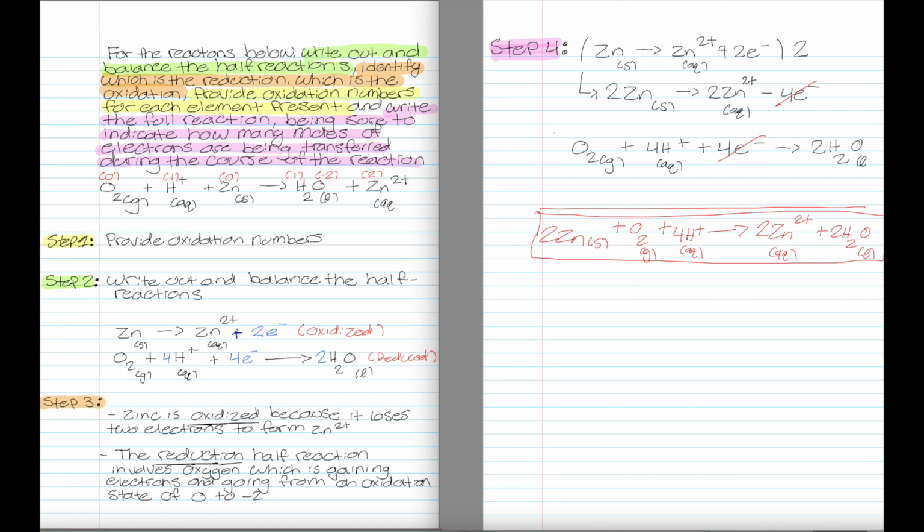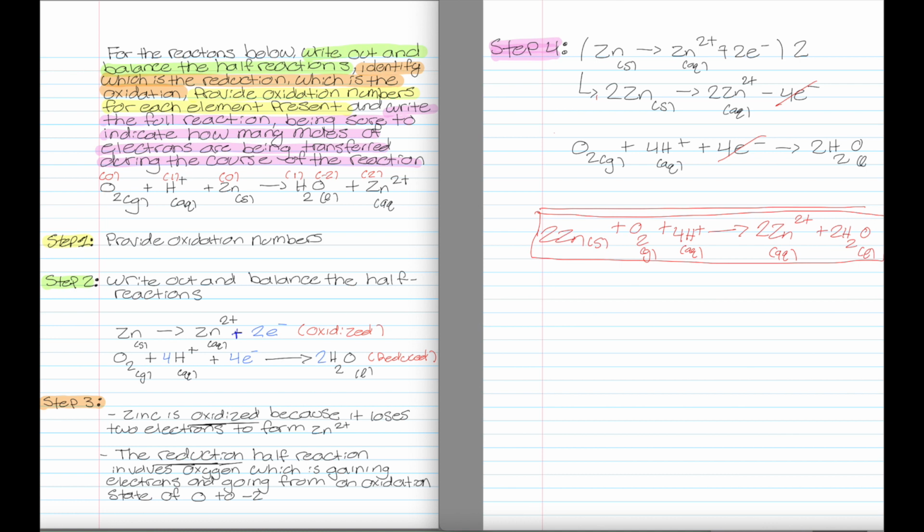And this is a step you really have to be careful in, because we're not just multiplying the electrons by 2. We can't just multiply the products without multiplying the reactants by the same whole number. So we need to also multiply the zinc and the zinc 2 plus by 2. So we get 2 moles of solid zinc and 2 moles of zinc in aqueous solution.